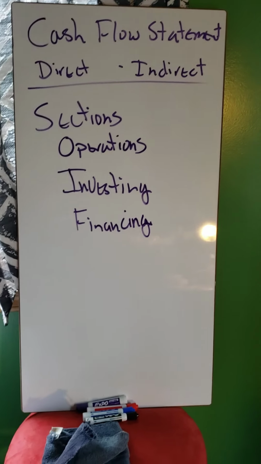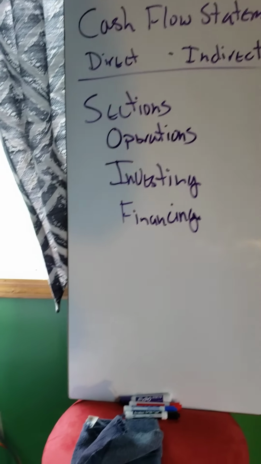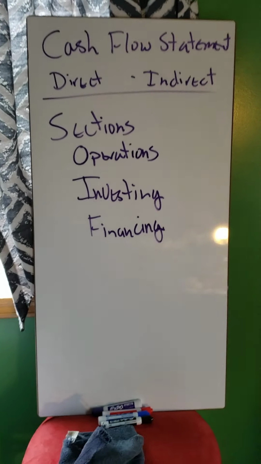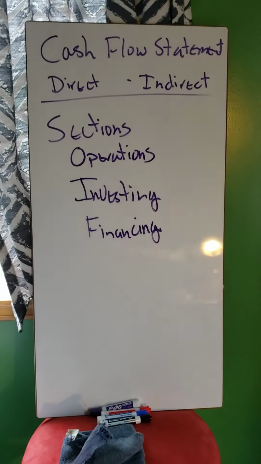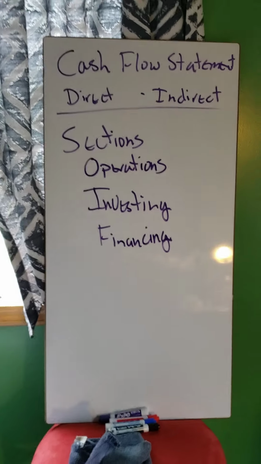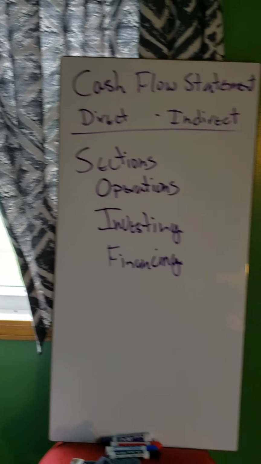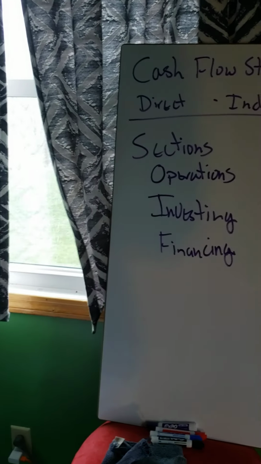The cash flow statement is the fourth financial statement. Remember, we talked about the balance sheet, the statement of changes in retained earnings, and the income statement. The fourth financial statement is the cash flow statement. And remember, the fifth thing included in a complete set of financial statements is the notes to the financial statements.